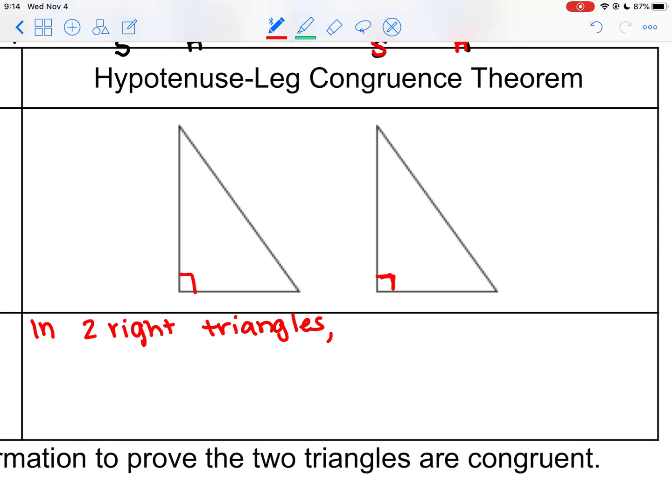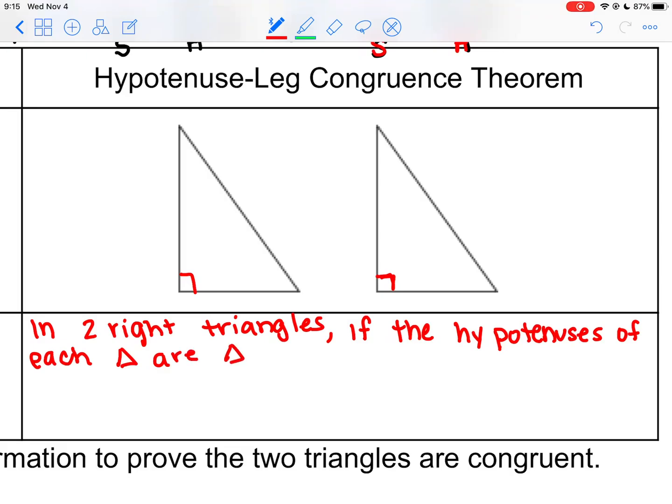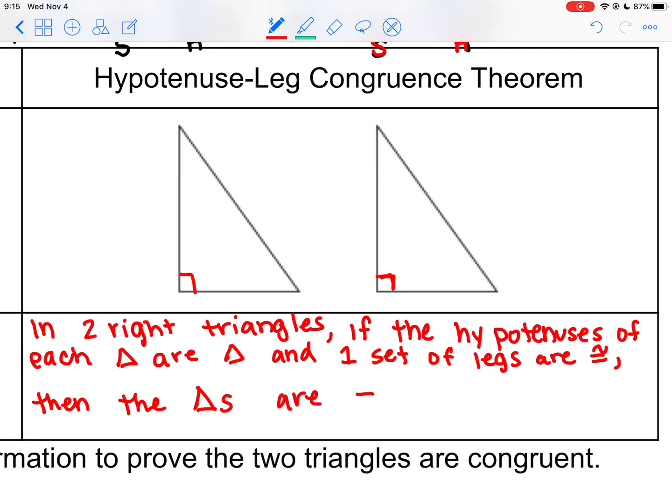So in two right triangles, if the hypotenuse of each triangle are congruent, and one set of legs are congruent, then the triangles are congruent.